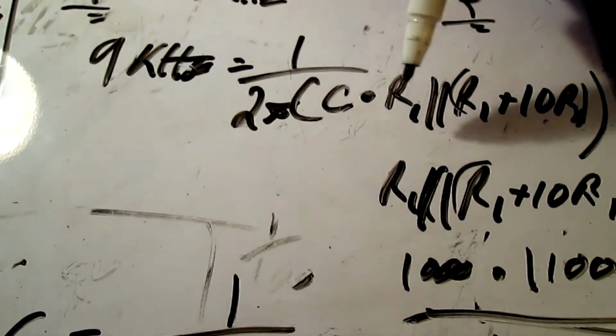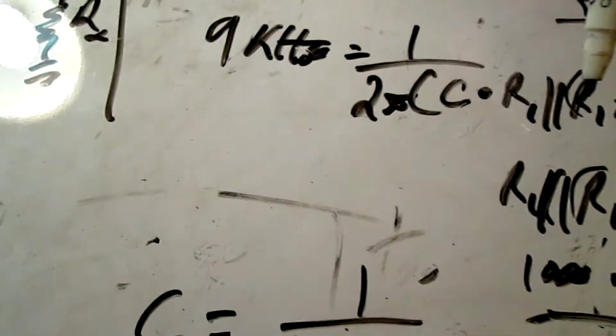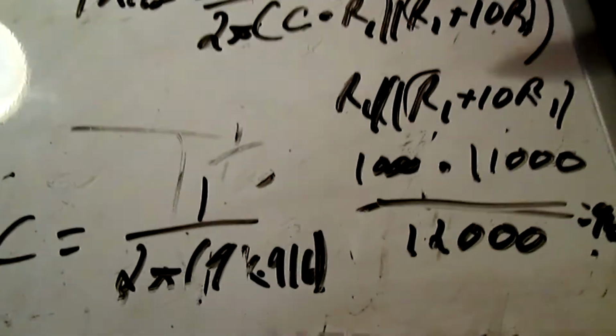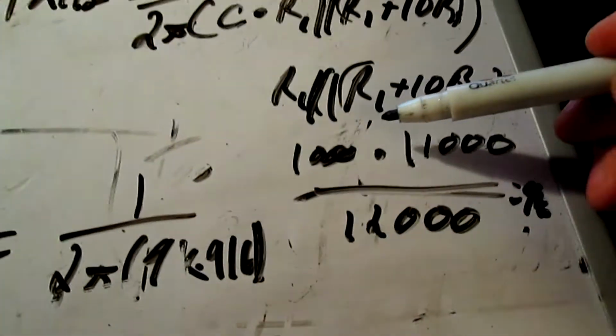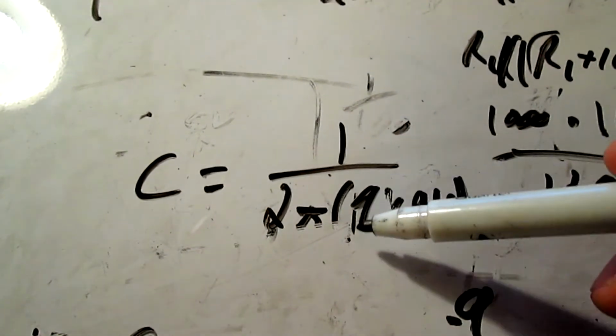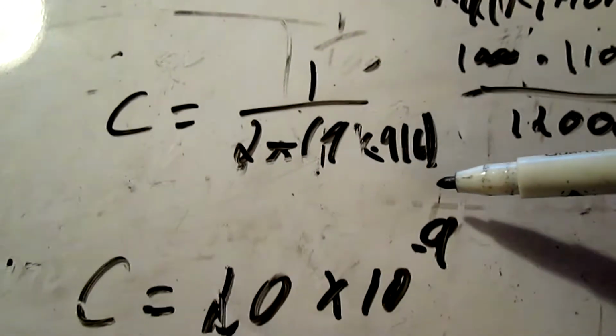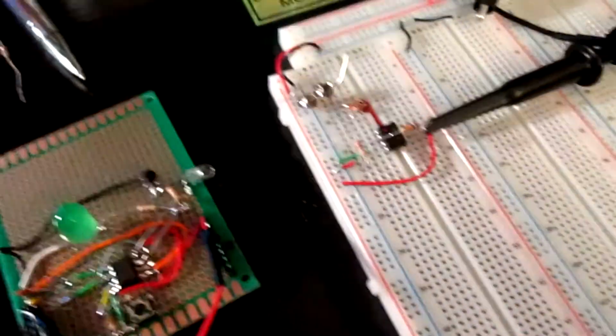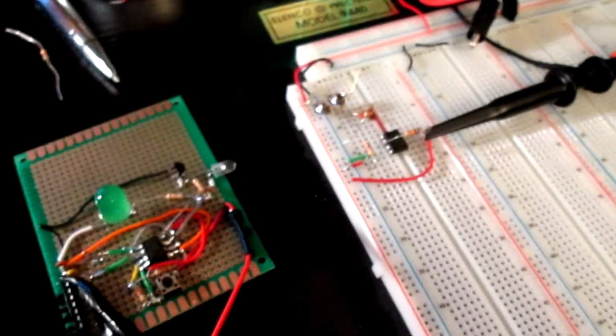So we have 1 over 2 pi. There's our time constant for this pup. It works through, this comes 916. C is equal to 2 pi times 9k times 916. C is equal to 20 times 10 to the 9. And I implement that into the circuit here.